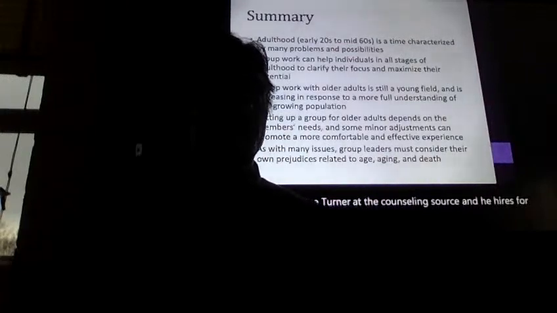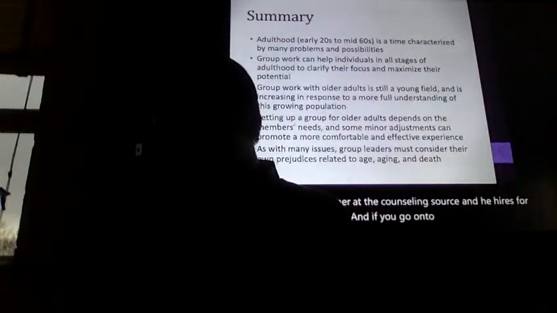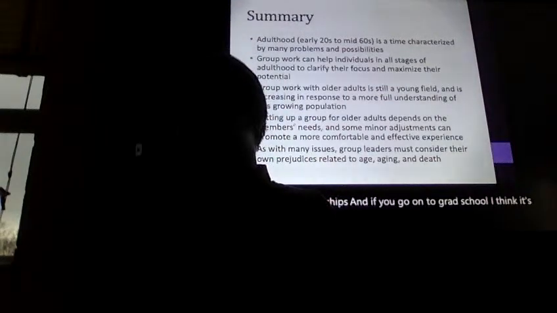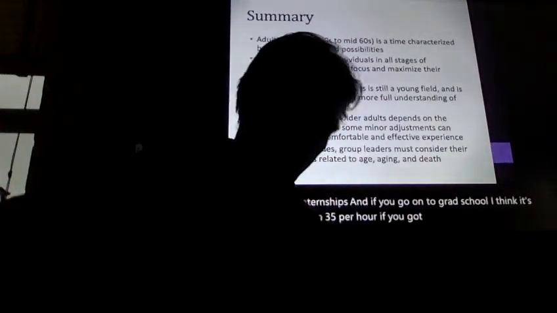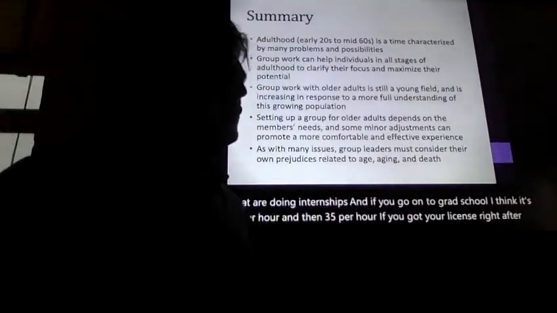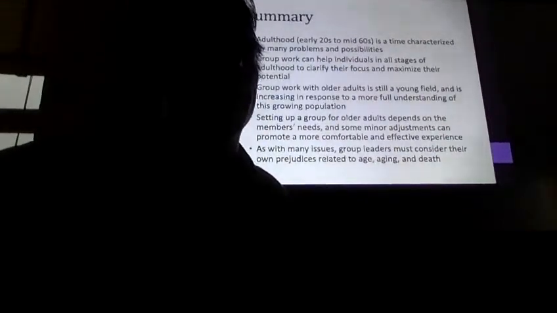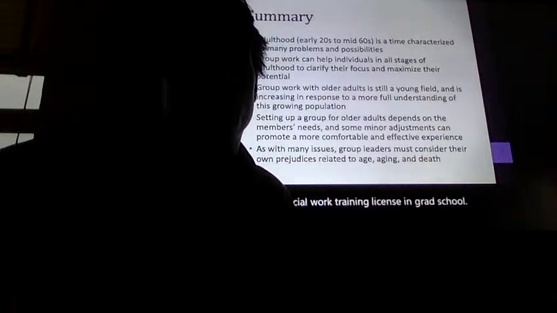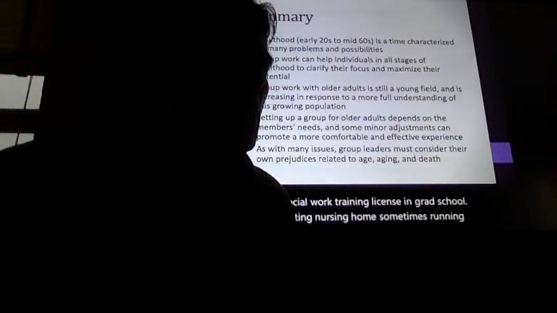And if you go on to grad school, I think it's like $28 per hour and then $35 per hour if you get your license right after you graduate, and if you get a social work trainee license in grad school. So that again is visiting nursing homes, sometimes running groups at nursing homes.